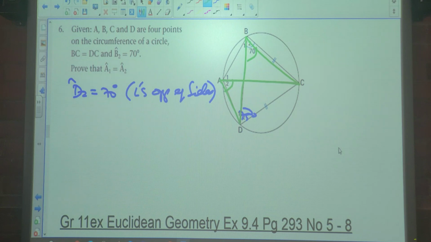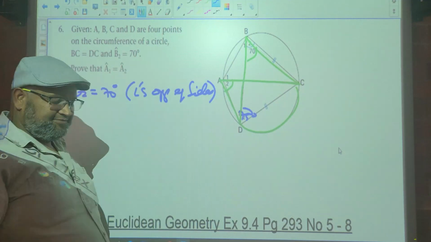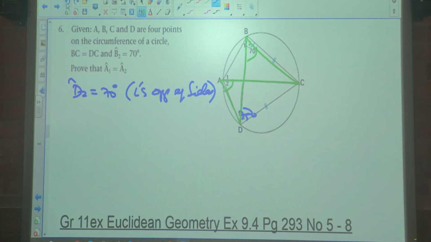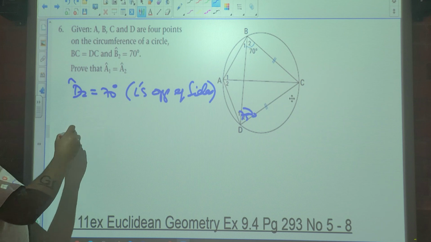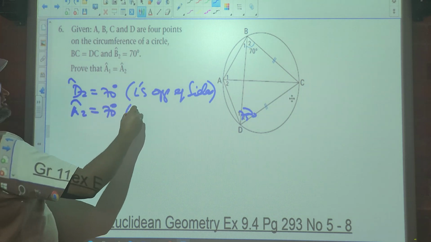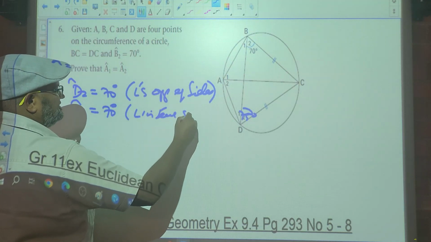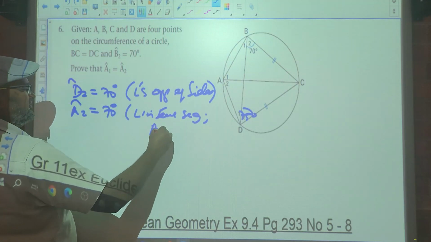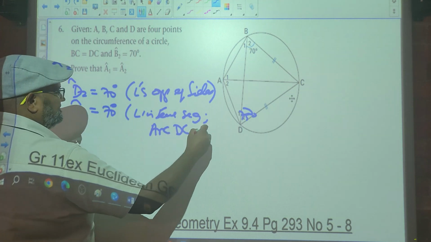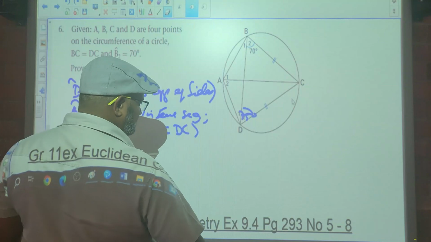Angle A2 is 70, angles in the same segment, and it's coming from arc BC. So these are 70. Why did I put 75 here?